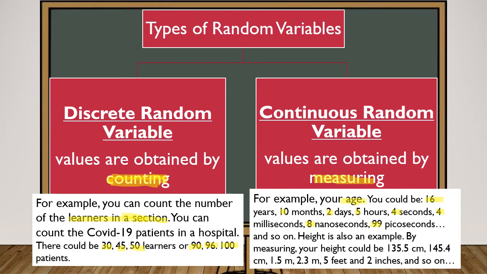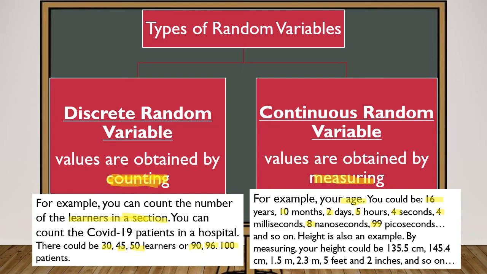But if you are asked how old you are in years, you could answer 16 years old, 17 years old, 18 years old. So it is countable. It is already discrete because the values are obtained by counting and the values of age in years are limited. But if you are asked for your exact age, then the values never stop. That's why it is continuous.